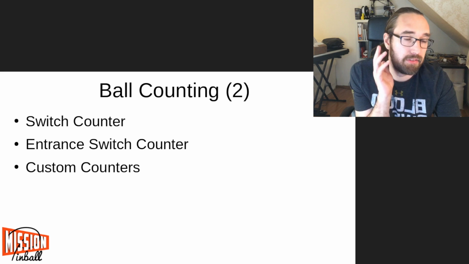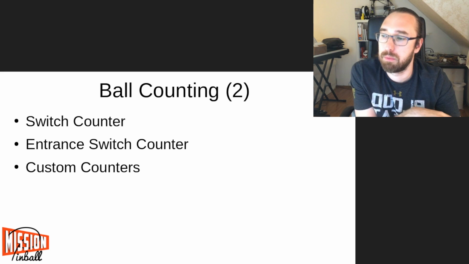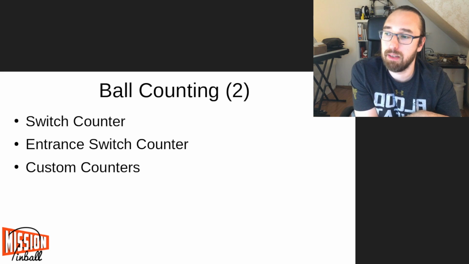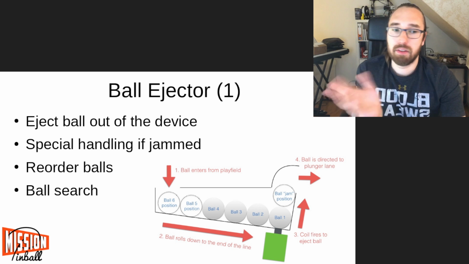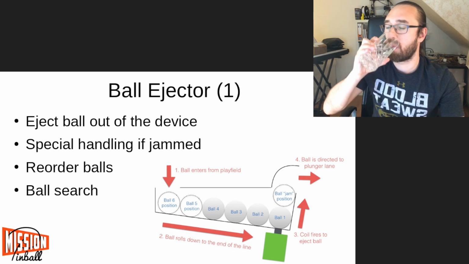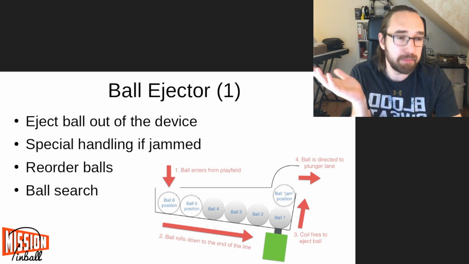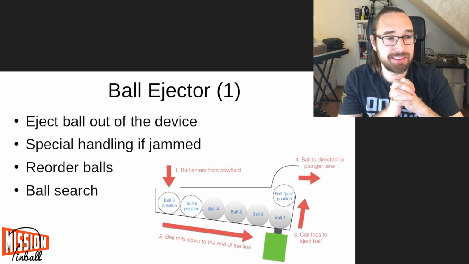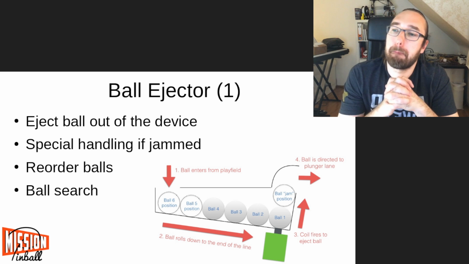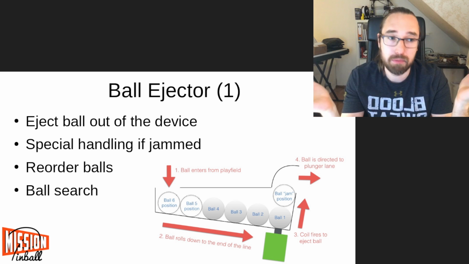In addition to ball counting or switch counters, we also got ball ejectors. And that's basically the same trough again here. The job of the ball ejector is to get the ball out of the device. It sounds easy, and in most cases it is. You pulse the coil and the ball will leave.